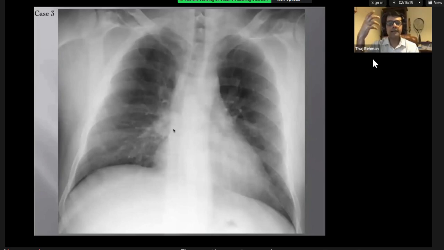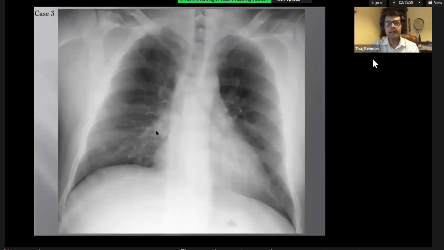These are the ideas that I'm going to share with you for the rest of your life, to be honest. So a mass in the hilum, sitting in the hilum, will obscure the hilar point, and you will not be able to see the vascular structures through the opacity.